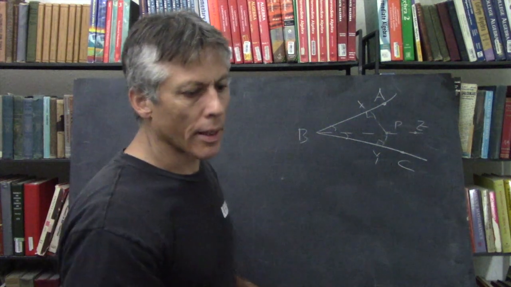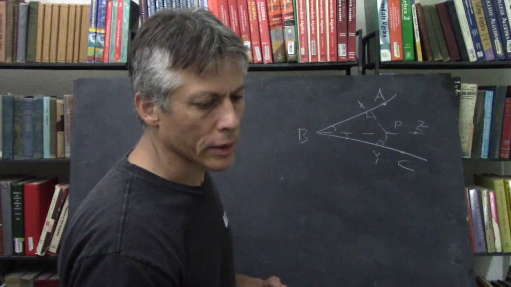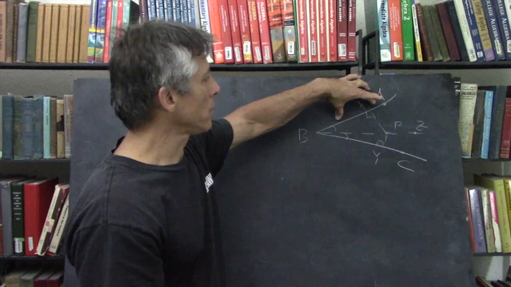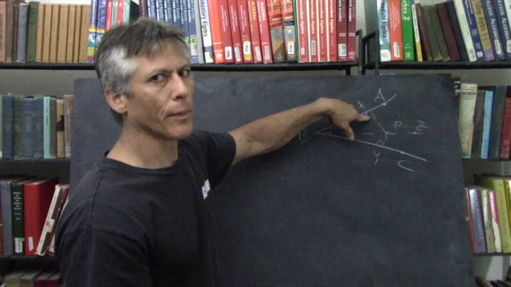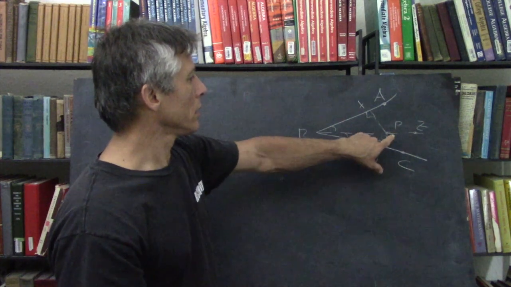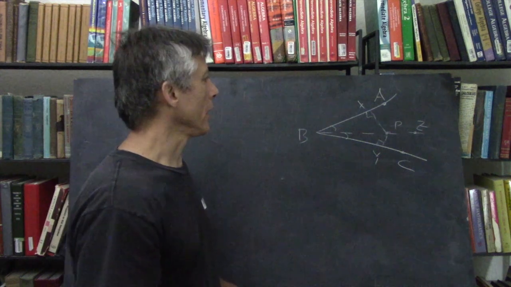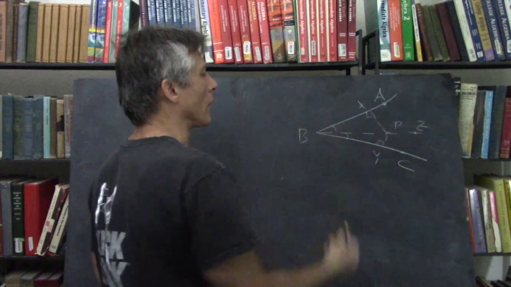When it says then equidistant from the sides of the angle, the distance from a point to a line, remember, is defined to be the perpendicular. So we can have one uniform thing instead of just going all over the place.